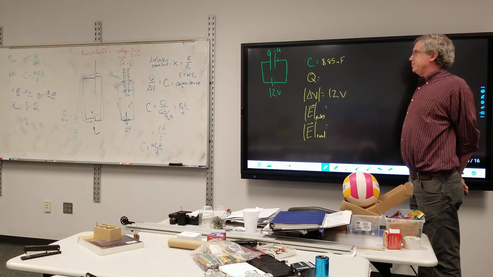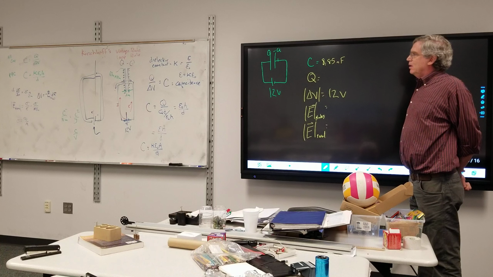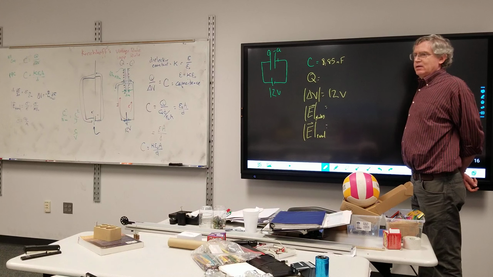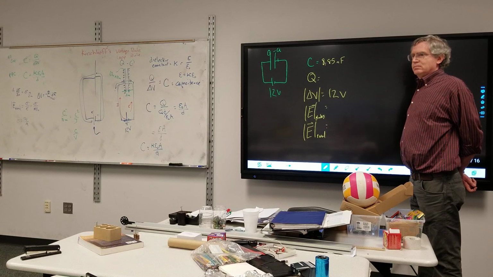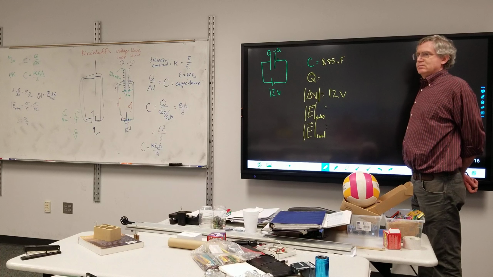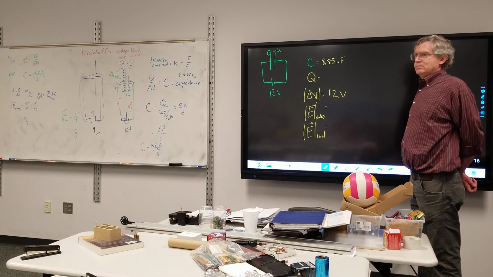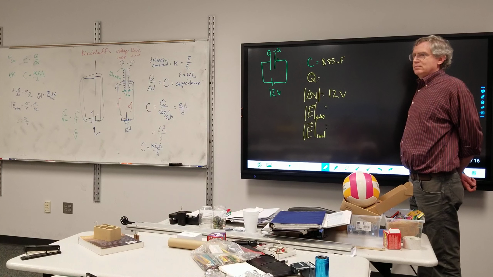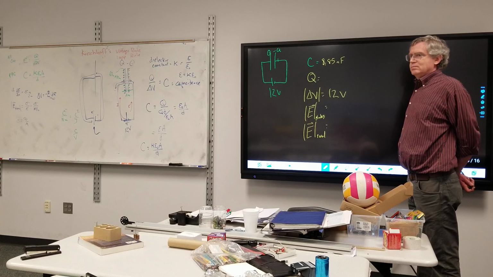Or how would you find it? Take the capacitance and multiply by the change in volts.